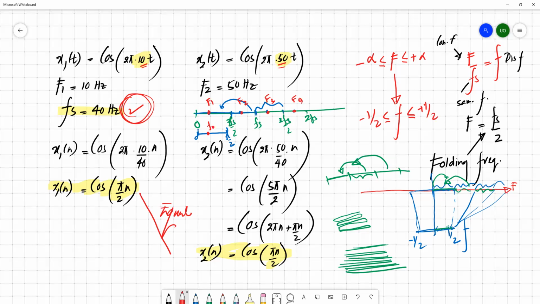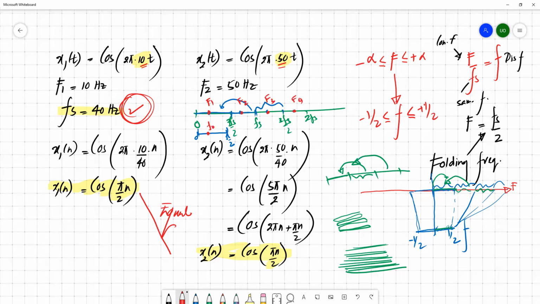It means once you use the sampling frequency, Fs, as a constant and process multiple frequency signals, there may be a chance of getting the same discrete signal for this capital F1, capital F2, capital F3, capital F4, and so on.